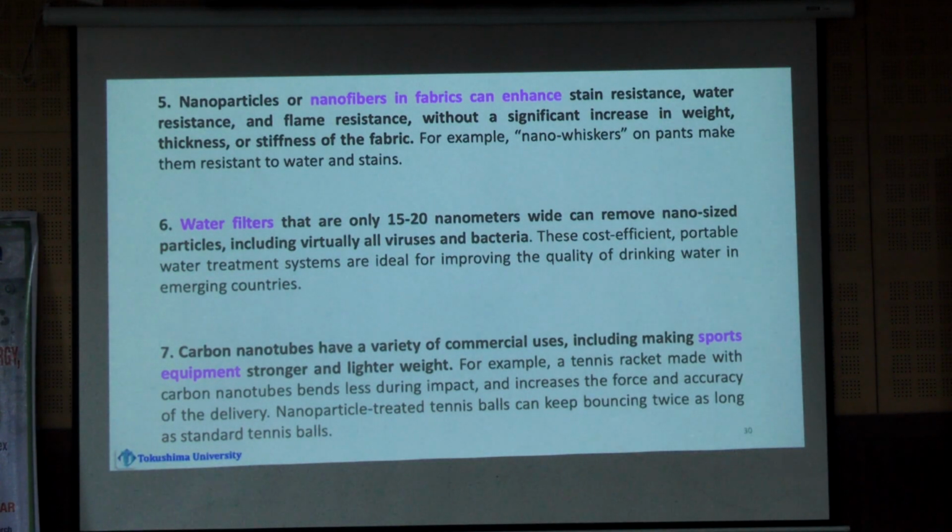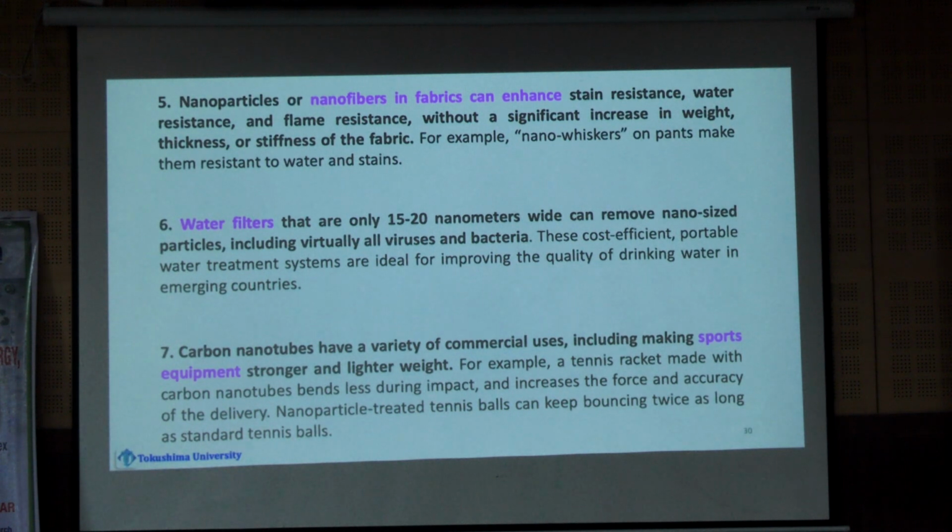So cost effective, again, comes back to the material, because the cost of any product depends on the raw material that we are using. So those raw materials should be cheaper, low cost, so that the overall cost will reduce, and this water filter can be used with high efficiency to create drinking water.